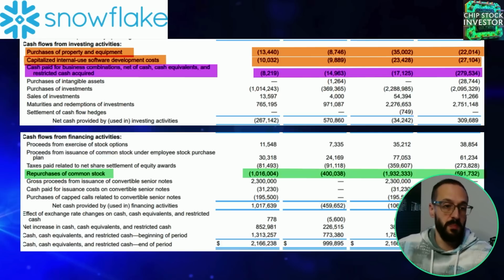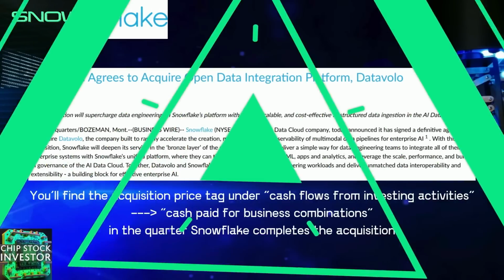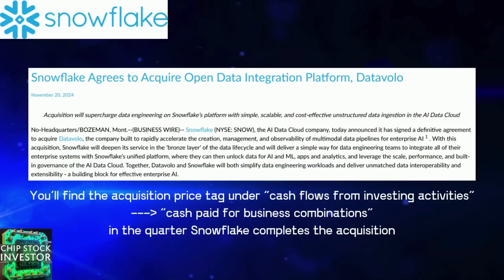That was the biggest reason they needed to take out that convertible debt. Besides the stock repurchase, Snowflake has also used that debt to make an acquisition. In November, they announced the acquisition of the data integration platform Datavolo. Perhaps by Q4 fiscal year 2025 or Q1 of fiscal year 2026, we'll see the purchase price for this company.